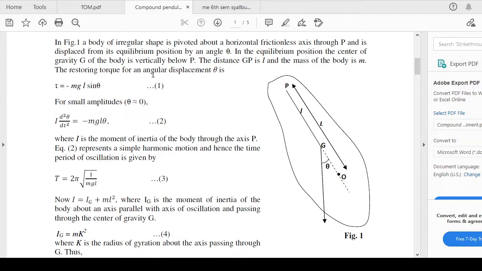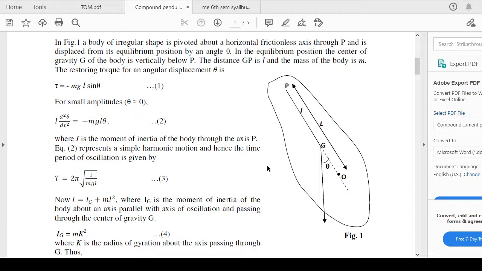Then the restoring torque, which will restore it to the original position, is called tau, or torque. For small amplitudes, the equation is I d2 theta by dt2, which gives the value of the torque here, equal to mgl theta.